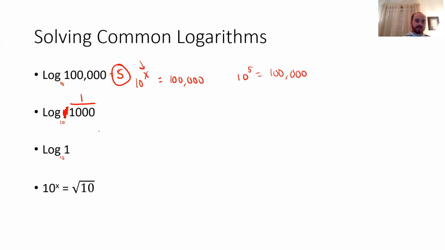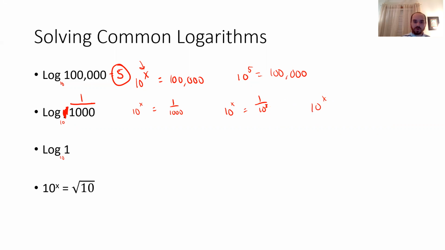This one's a little bit more complicated. We're asking 10 to what power equals 1 over 1,000. So in this case, you've got 1 over 10 times 10 times 10, or 10 to the 3rd. So 10 to what power equals 1 over 10 to the 3rd? Hopefully, if you remember enough from exponents, you know that 1 over something raised to a power is just that same thing raised to the negative power.